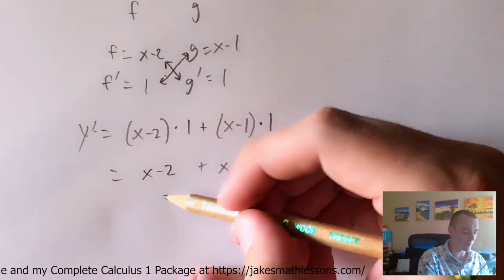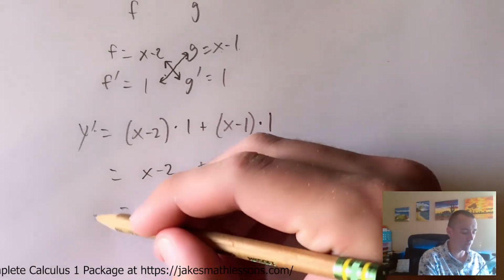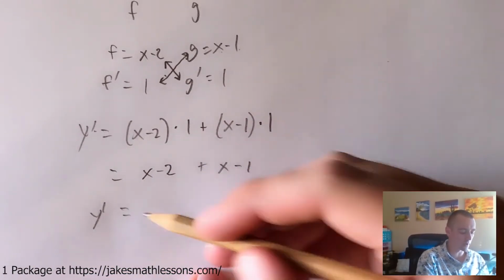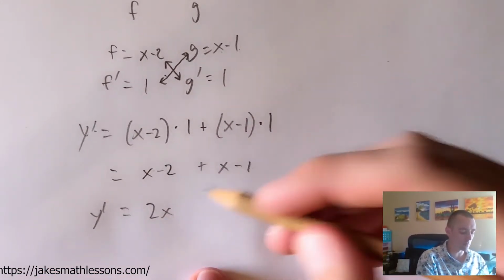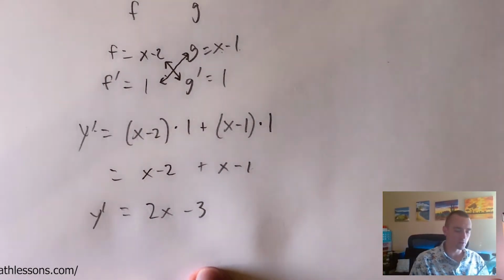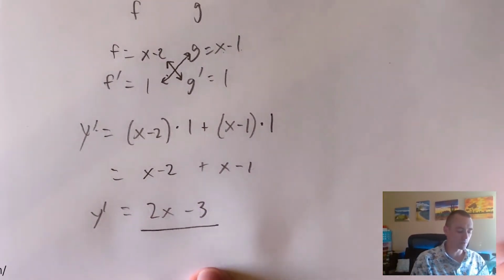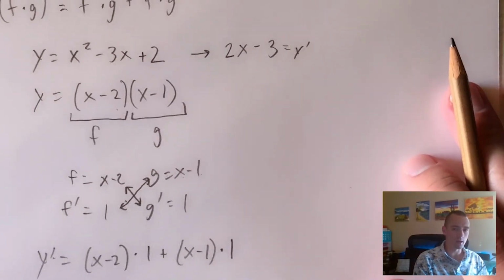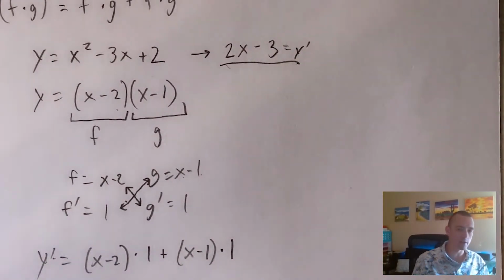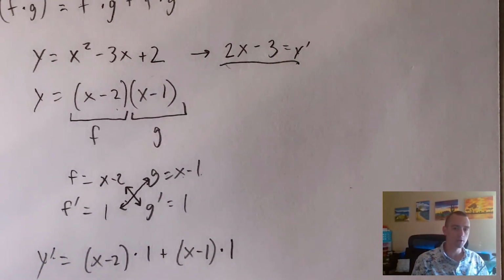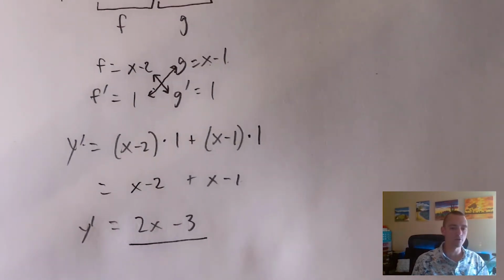So then to simplify this, we can just combine our like terms, and we find that the derivative here is 2x minus 2 minus 1 is minus 3. So we get y prime equals 2x minus 3, and that's exactly what we got up here by using the power rule.